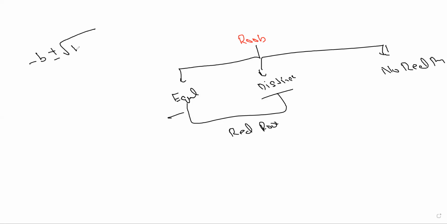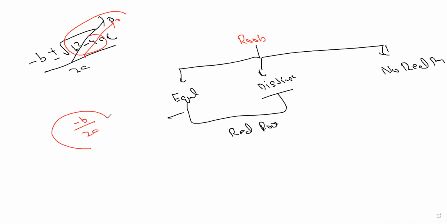If I need both roots to be equal, this has to be 0. Then you will be getting the root as minus b by 2a.